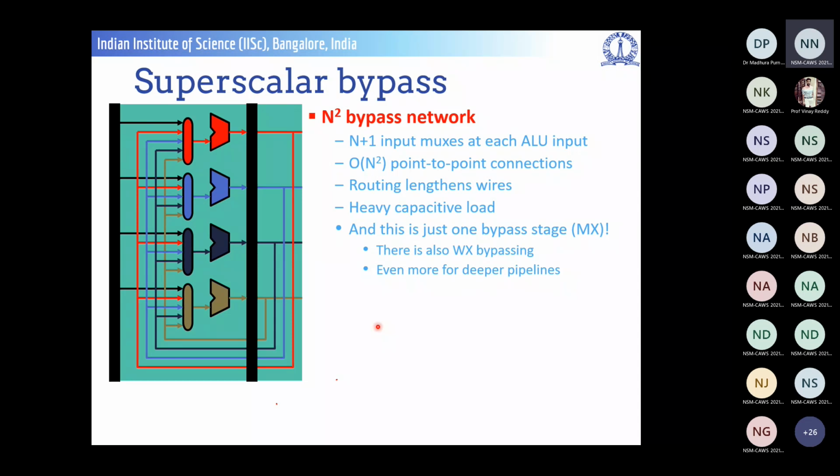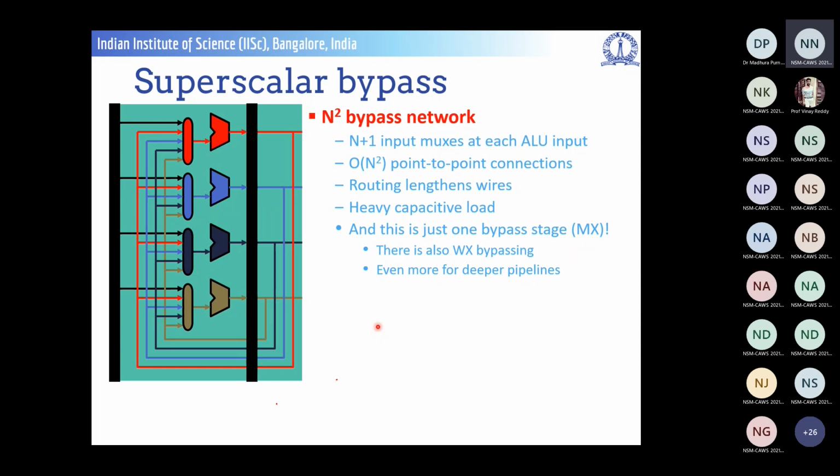But the register write happens at the write back stage, which is the last stage. Sometimes the value you're looking for is already available before that. For example, if it is an add instruction, it is available in the execute stage. So why wait till the write back stage and then read the value out of the register for the next instruction? That's a wastage of time.